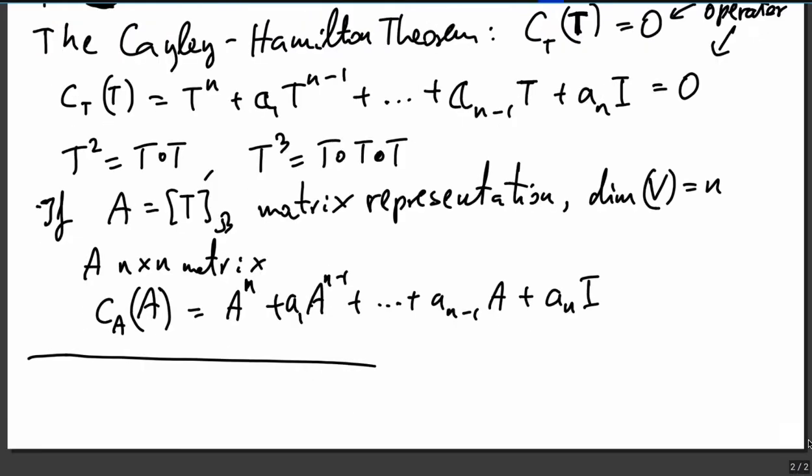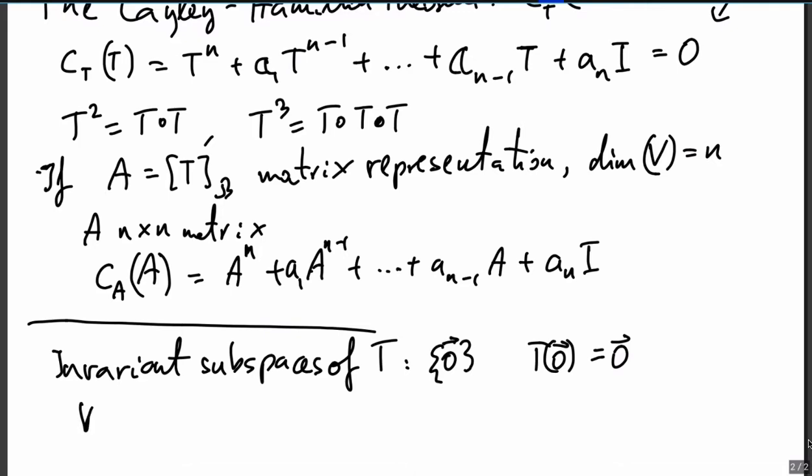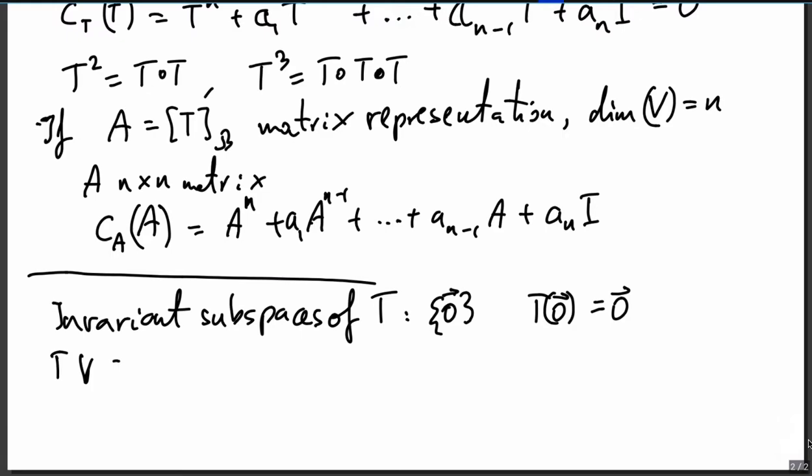Going back to invariant subspaces of the T operator, linear operator, we had before that the 0 vector itself is a trivial subspace, and T of 0 for a linear operator is 0, so that means it's invariant. Also, V is invariant since T of V is a subspace of V. By definition, T is a mapping from V to V. So we have already 2 invariant subspaces.